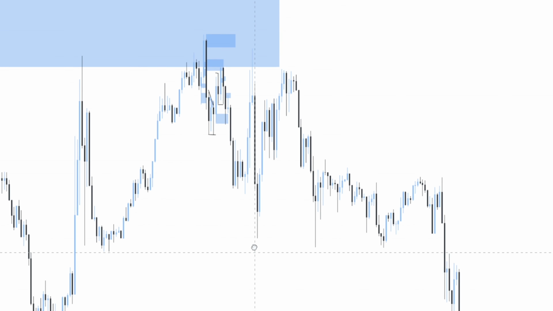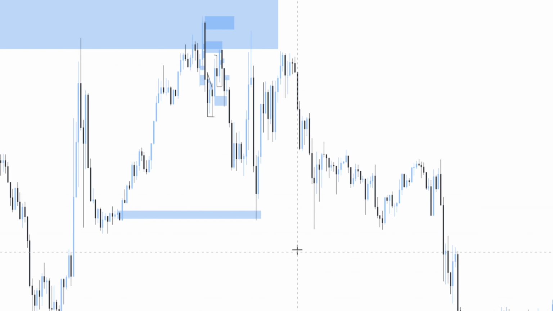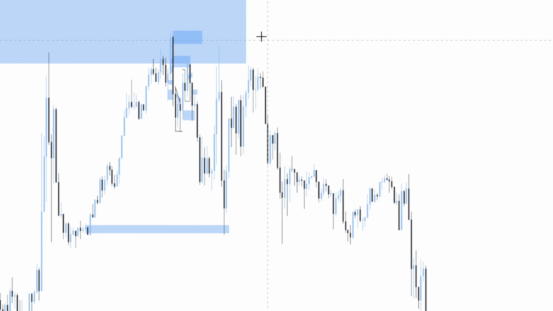In this overall situation, it looks like it worked out, at least for this little 15-minute demand. That could have been targeted, and that probably could have been a good 1 to 8, 1 to 10 possibly. The beautiful thing of all of this is that was an entry just off the midpoint there.